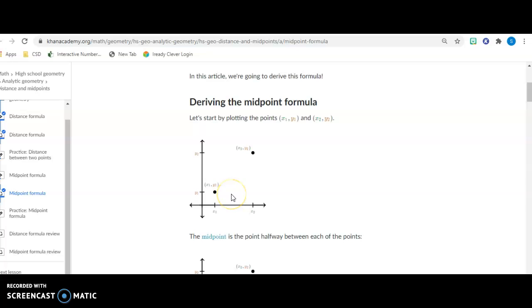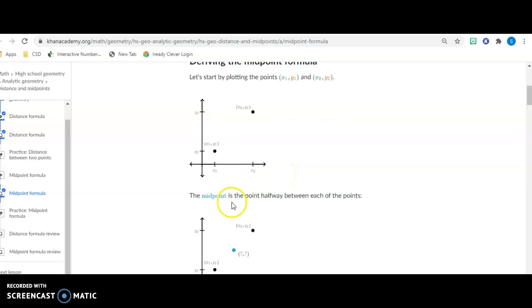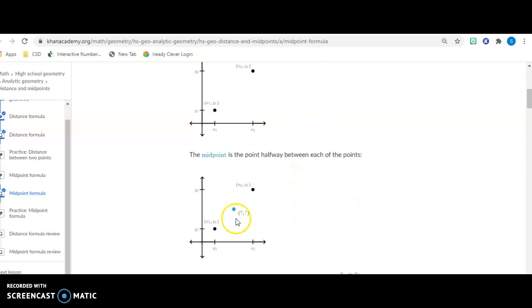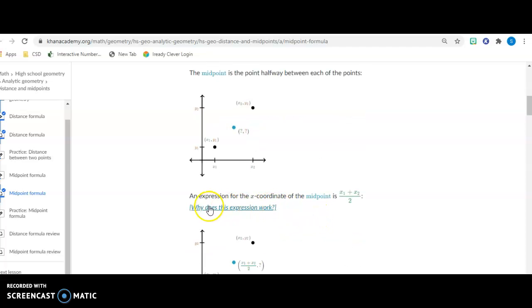Just like we talked about yesterday in class, you have two locations plotted in the coordinate plane. They each have an x and a y to describe their location. The midpoint is the point that's halfway between each of these points, and we want to discover where that is. So we want to find the halfway point, or the average, of the x coordinates.